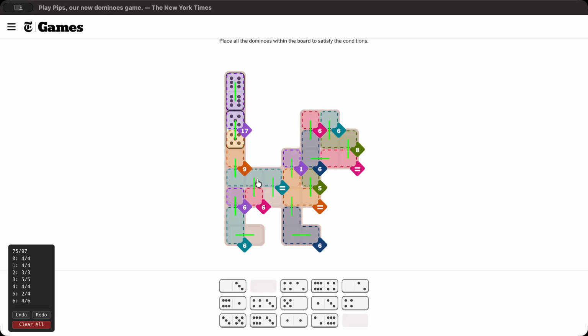So we have a 6 3 and a 6 2. We don't have a 6 0. So this is either 3s or 2s. That's not that useful of a bit of information.